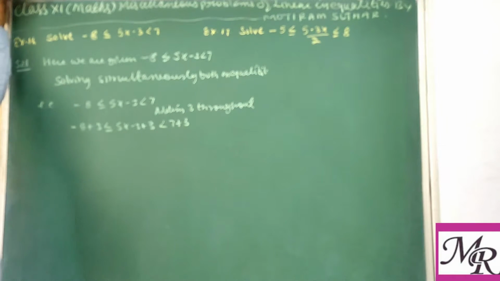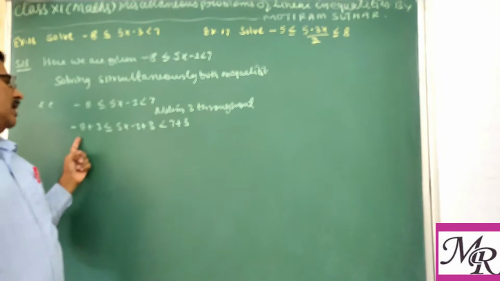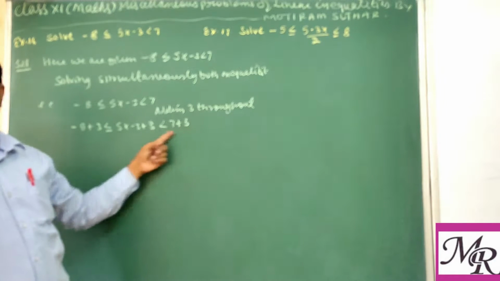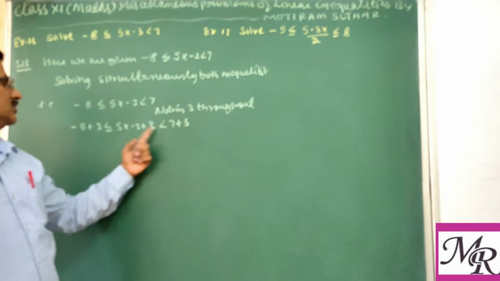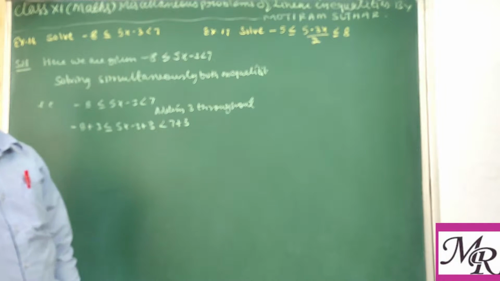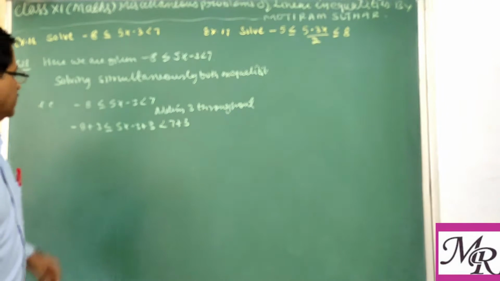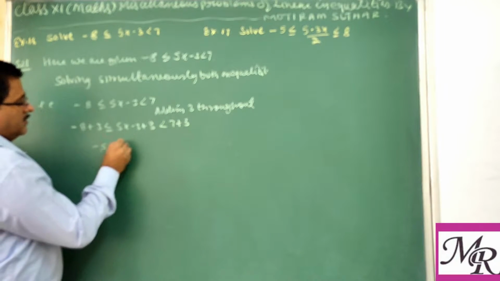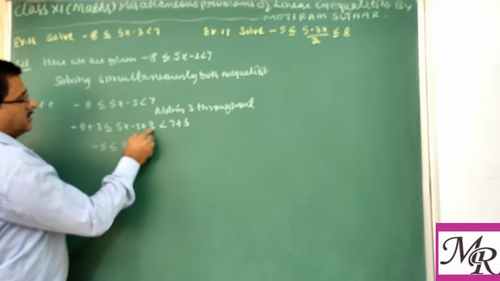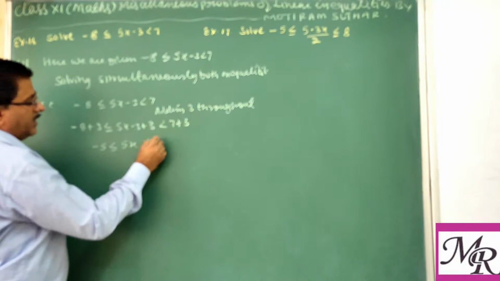Whenever you solve a double inequality, whatever you add, subtract, multiply or divide should be applied to all three sides. So -8 plus 3 is -5, -3 plus 3 cancel, and 7 plus 3 is 10.